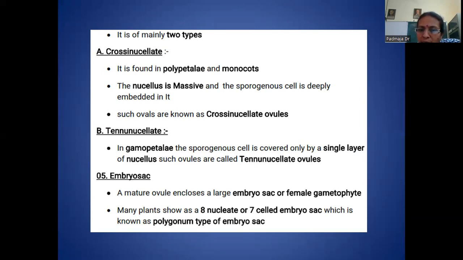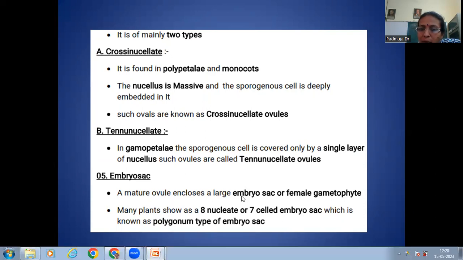Now the point is, the nucellus is diploid in condition and the embryo sac is haploid in condition. The megaspore mother cell undergoes reduction division. As a result, it gives rise to the megaspores. From the 4 megaspores, 3 will disintegrate, only 1 will be functional.